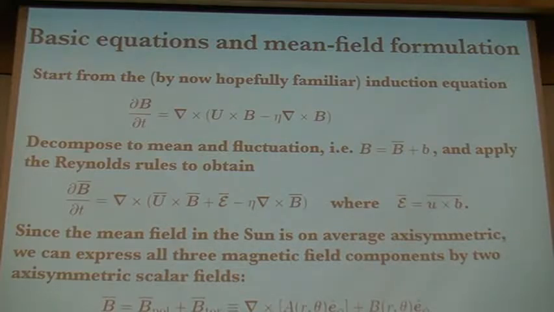And as discussed earlier, the solar mean magnetic field is on average axisymmetric. So then we can express our magnetic field by two scalar fields, A and B. And of course, on top of that, we need to know something about the large-scale flow.